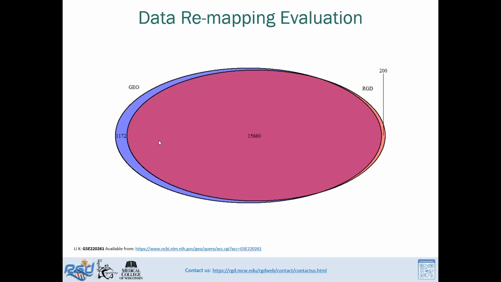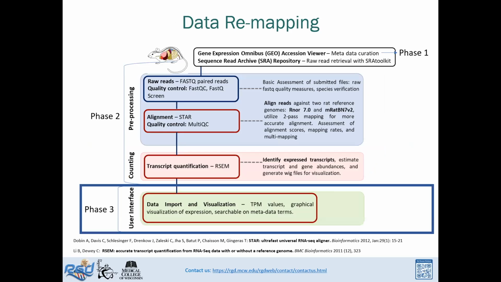I looked at the FPKM data and count data that was submitted, and I used an R script to convert it to TPMs. So far, our pipeline had a 92% overlap with the public data, but I'm still looking into where those differences were, whether it's by biotype, or if there are any commonalities between the biotypes.